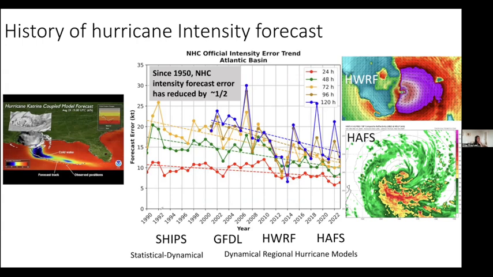How it improved is also because of the improvement of science and technology, especially computers, that allow us to have regional, very high-resolution hurricane models so that we can actually simulate intensity very well. The latest one is HAFS, and you can see it can simulate cloud or rain bands at a very detailed scale.